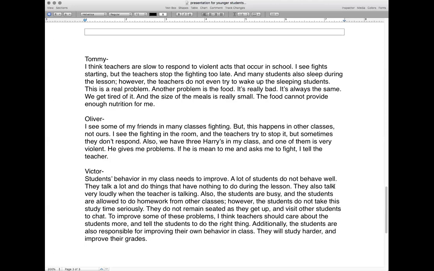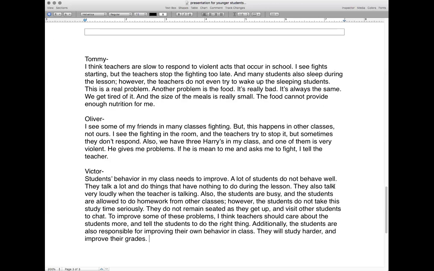They do not remain seated as they get up and visit other students to chat. To improve some of these problems, I think teachers should care about the students more and tell the students to do the right thing. Additionally, the students are also responsible for improving their own behavior in class. They will study harder and improve their grades.